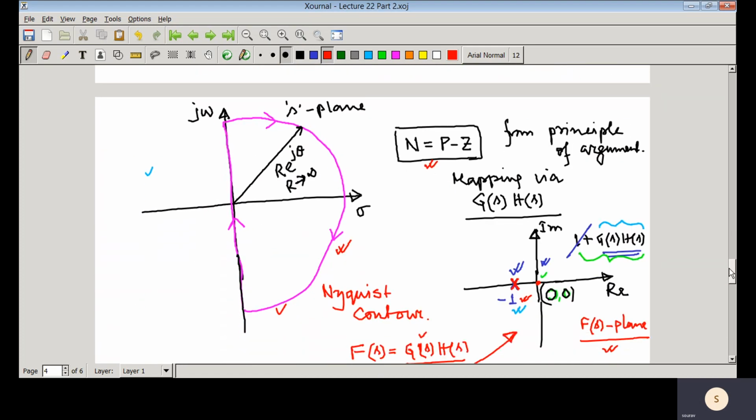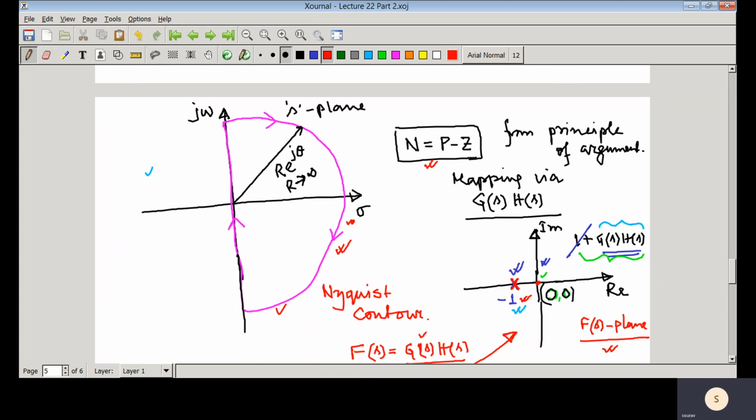After that we understood why we have to take the closed contour in the S-plane that encloses the total closed right half of the S-plane. The reason is that the region enclosed by this contour is the unstable region in the case of the closed loop control system.